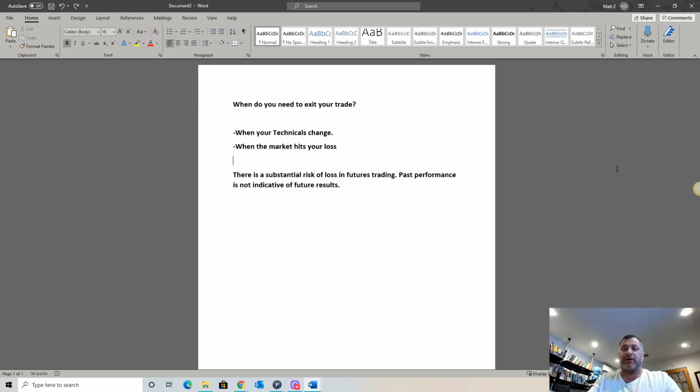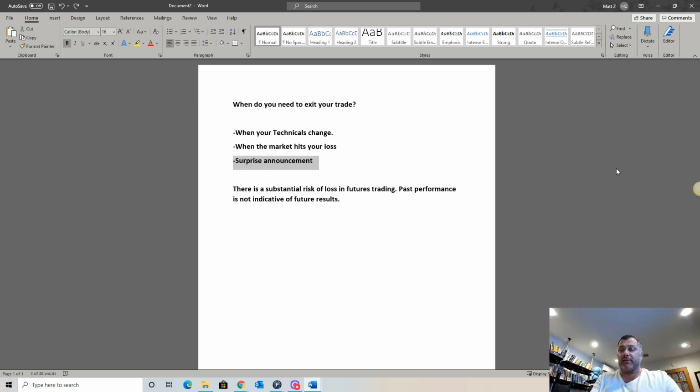The other part is when your loss gets hit, and basically this is how much you wanted to risk on that specific idea, and you no longer wish to be in the trade, so it hits your loss and you're out. That's pretty obvious. The third one is some sort of a surprise announcement. The surprise announcement could be the Fed doing something with the interest rates.